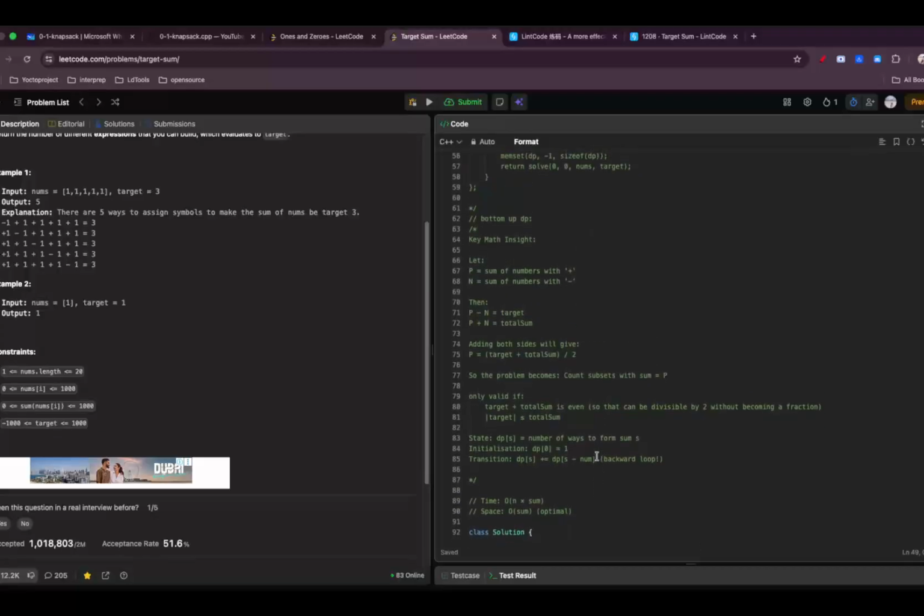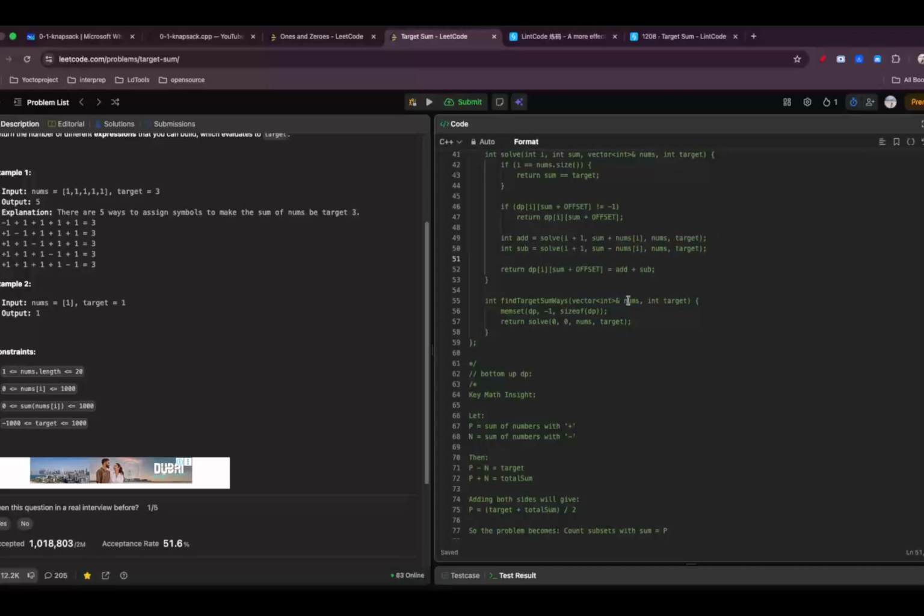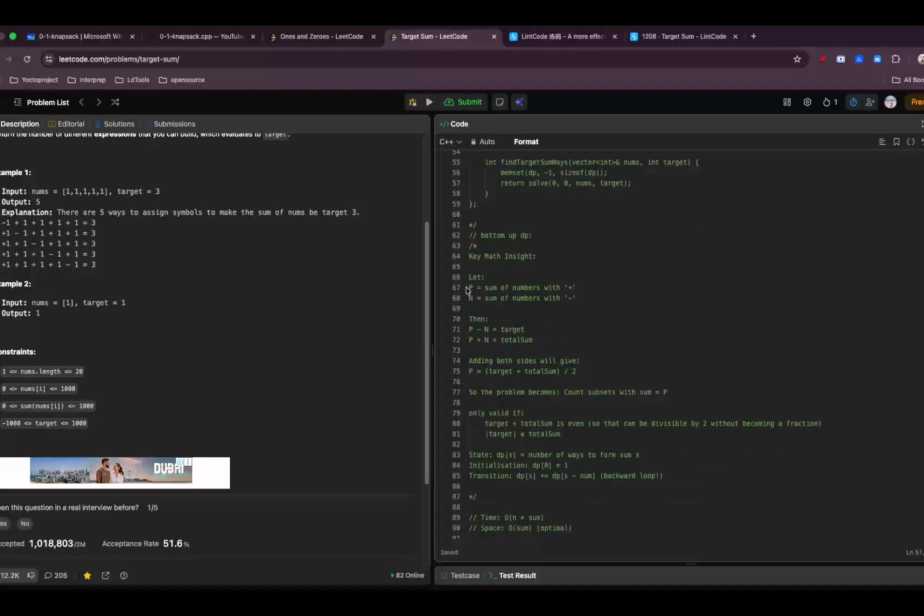Here, if we devise some equations from the same, things become much easier, because there are two things: either we are assigning a plus sign or a subtraction sign. So p equals the sum of the numbers with all the plus signs, that is the positive numbers, and these are the negative numbers with all the negative signs.